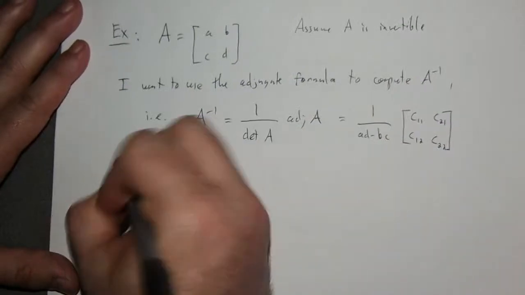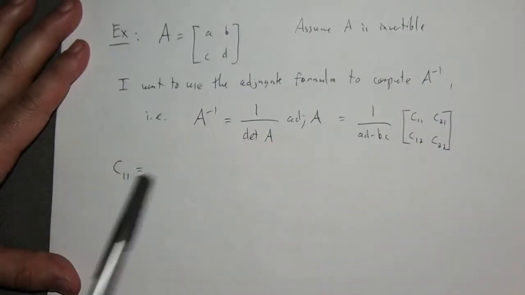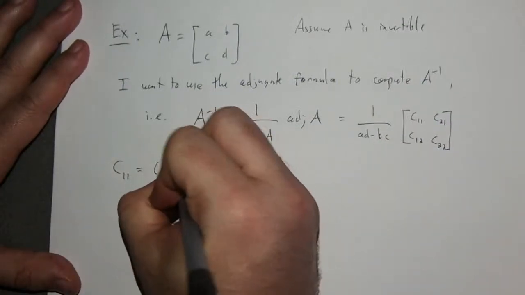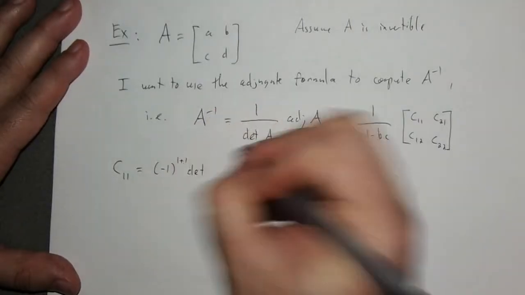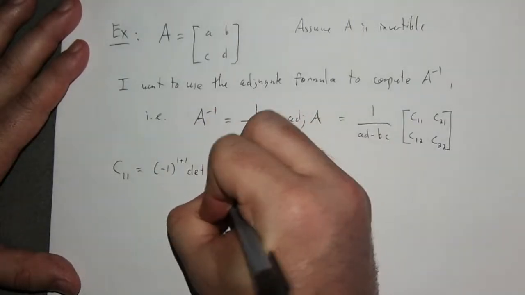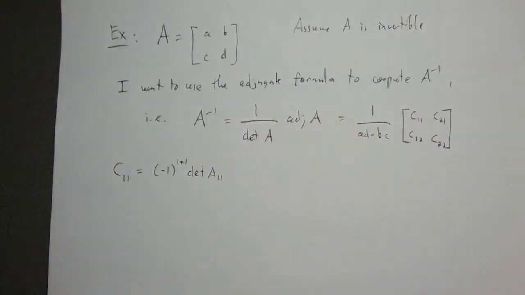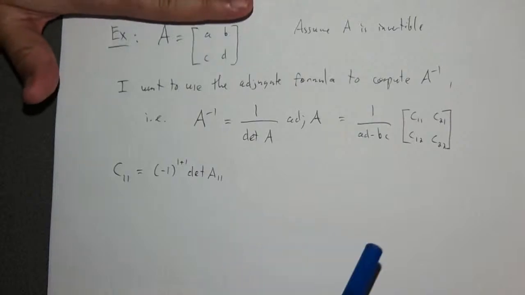So what is C11? C11 is minus 1 to the 1 plus 1 times the determinant of the matrix A11. What is the matrix A11 for a 2 by 2 matrix? It is the matrix that I get when I ignore the first row, first column.